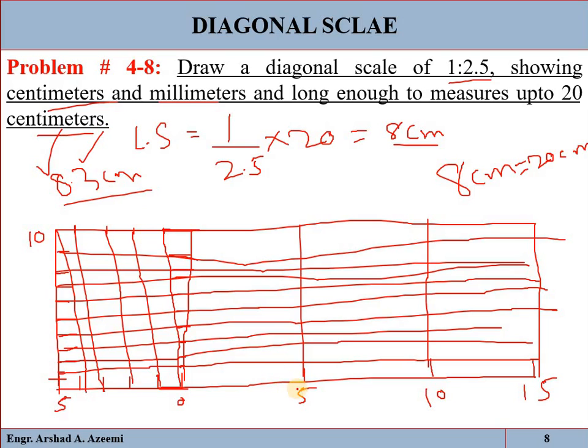So just take from here, see that is 5 centimeter, 6, 7, 8. This distance is representing 8 centimeter, 8.1, 8.2, 8.3. So if you have this much distance on the drawing, in reality it will be equal to 8.3 centimeter.